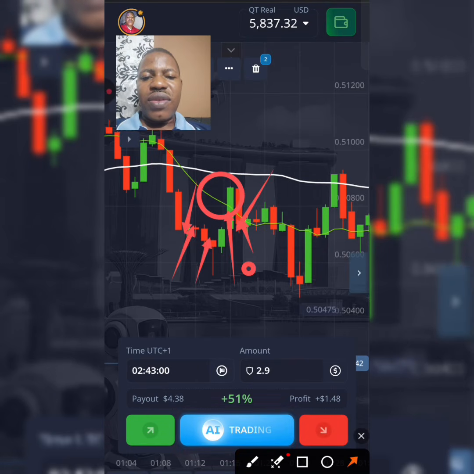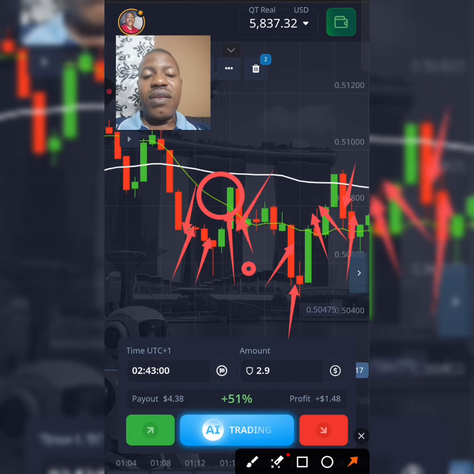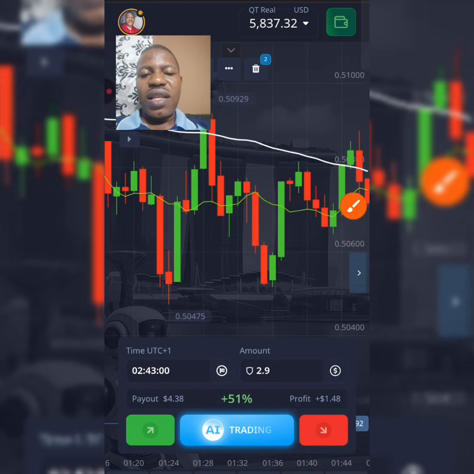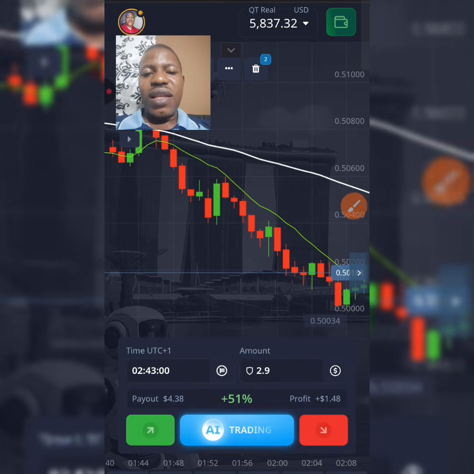We would have lost 1, 2, 3 in this place. Then for this one, we have a red, and this one would have been a win. We have a red, lost. We have a red, win. Even with this place that is not too much moving along the green line, you will still win. Just that the winning ratio will be a bit low.